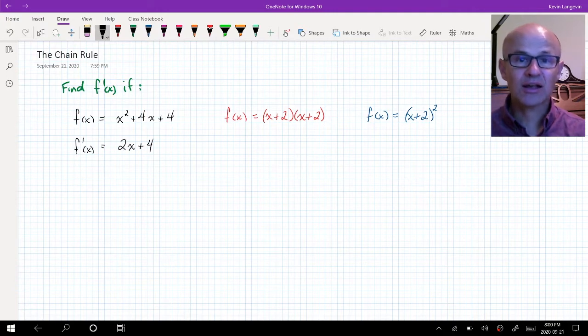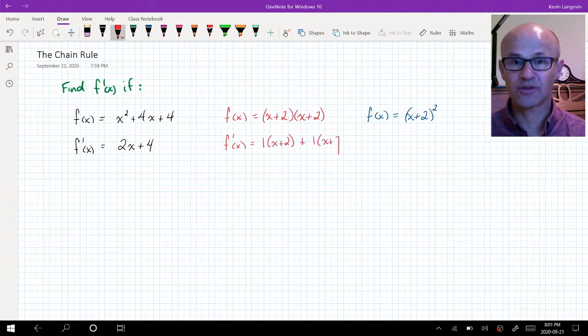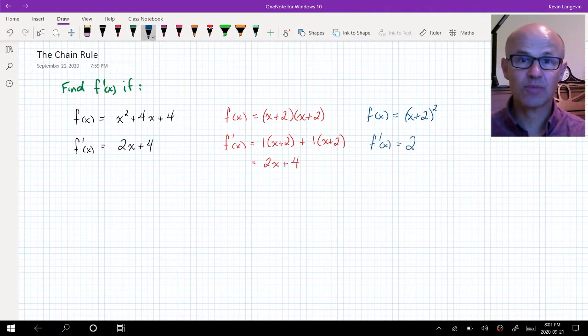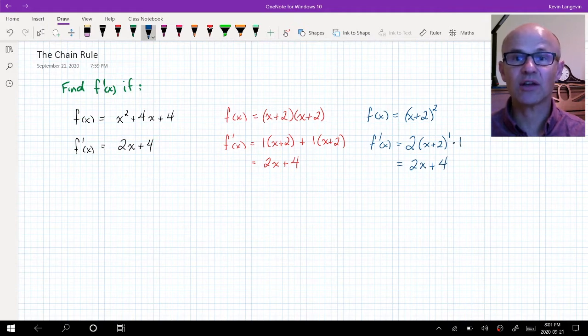In the black, I'm just taking a regular derivative, power rule. In the red, I'm doing derivative of the first times the second plus derivative of the second times the first. In the blue, I'm bringing down the 2 as a power, subtracting 1 from that power, giving me a 1, and then I'm supposed to multiply by the derivative of what's inside, which is 1.